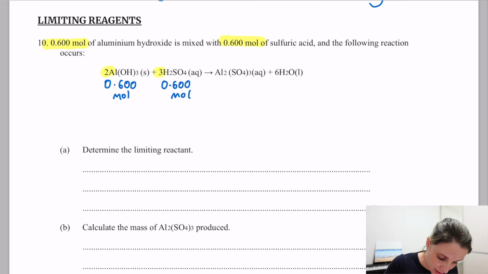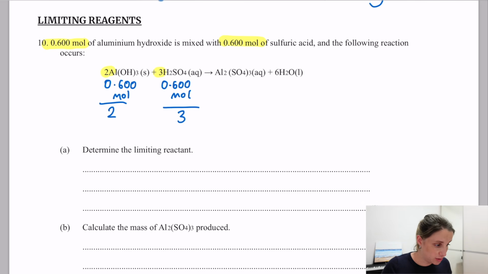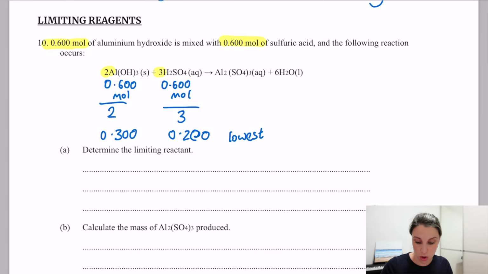The way we show it is we divide the numbers of moles by the coefficients. And if you divide by the coefficients, then that tells you you've got 0.300 here, and then you've got 0.200 here. And whichever one is lowest of these two numbers will always be the limiting reagent.